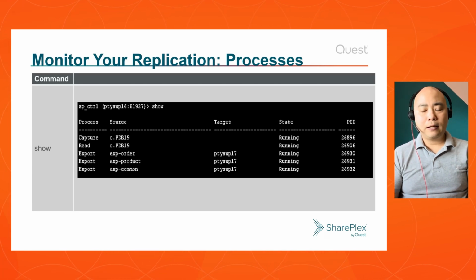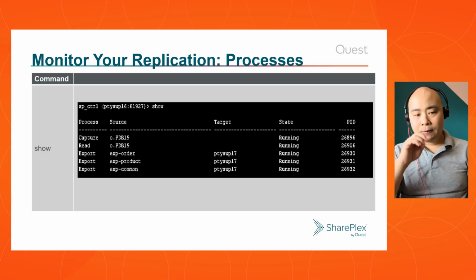It will also show you the state of the process. The difference between show and status is that show will show you information about queues and about the specific source also. Status will show you more about the process itself, the PID, when it was started.